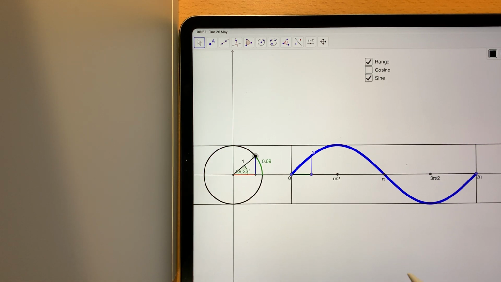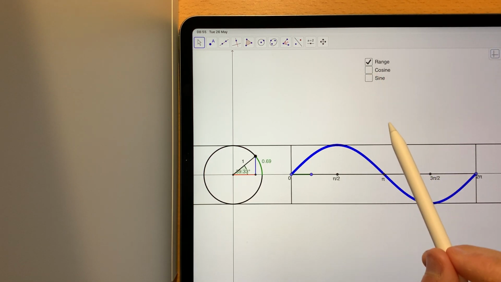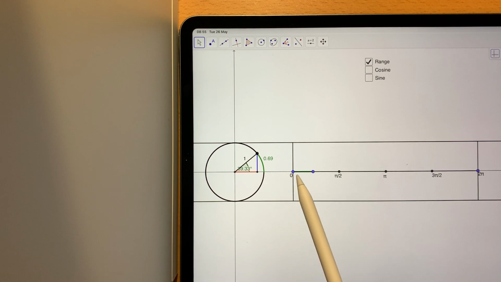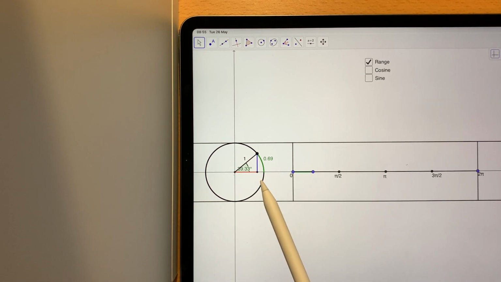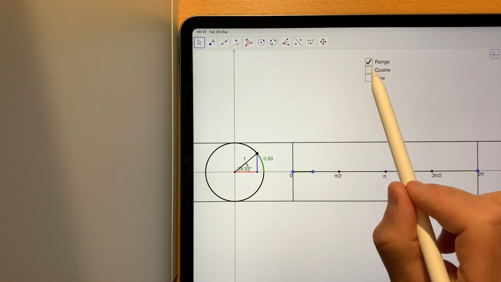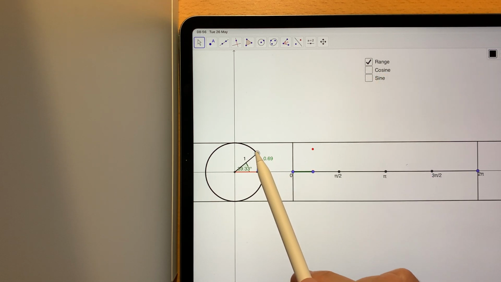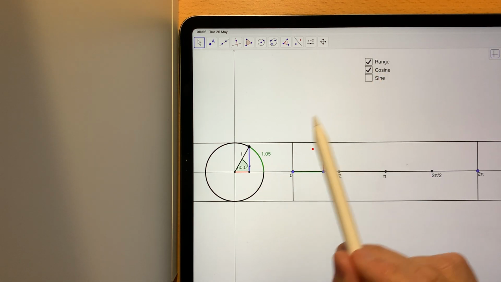So let's do the same thing with cosine. Now look, we're going to plot this length as a y value. I know it's the x value here, but I'm going to plot it as a y value for this arc length, because that gives me the value of my cosine. Here, I could again do it like this and plot a few dots.